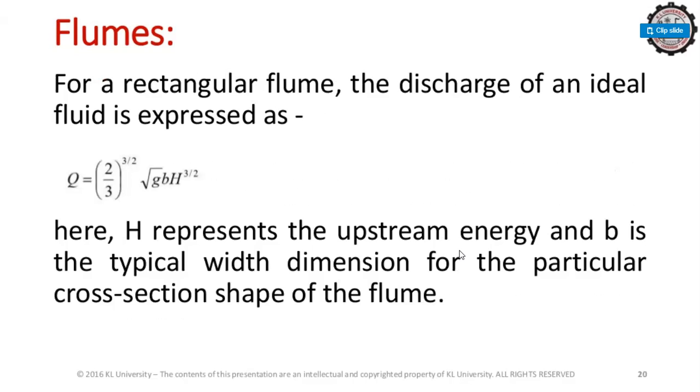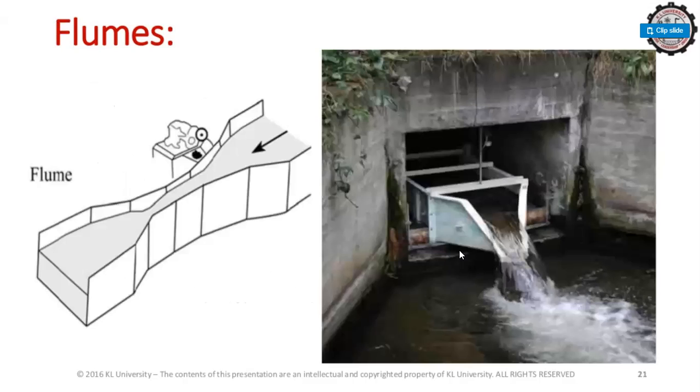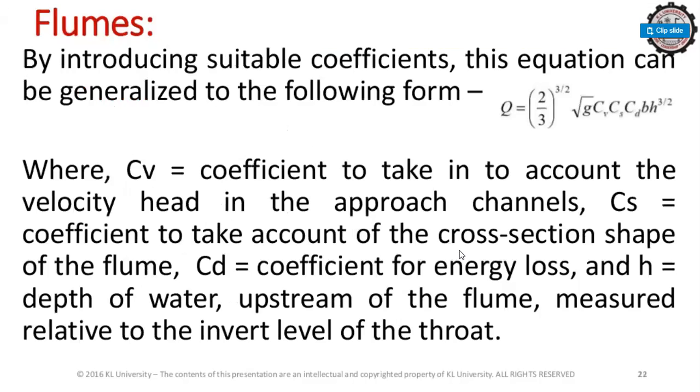Here H represents the upstream energy head and B is the typical width dimension for the particular cross section shape of the flume. By introducing suitable coefficients, this equation can be generalized to the following form.